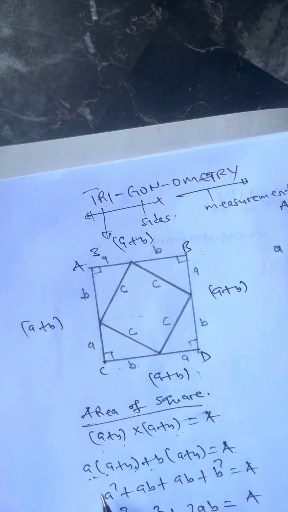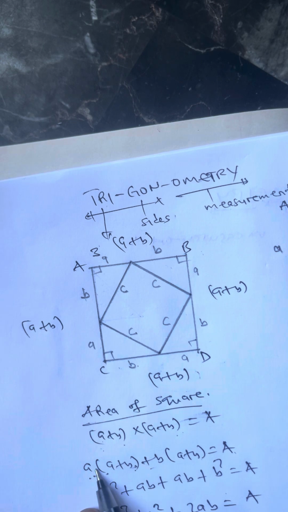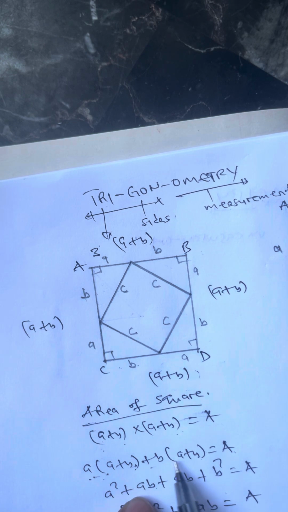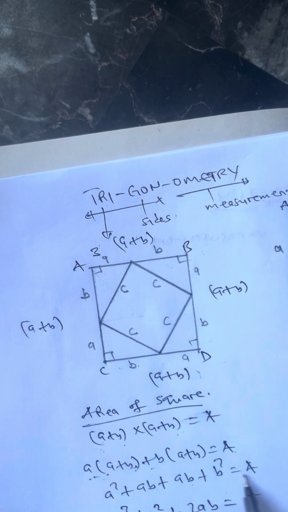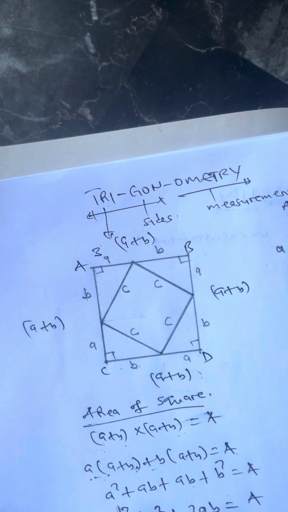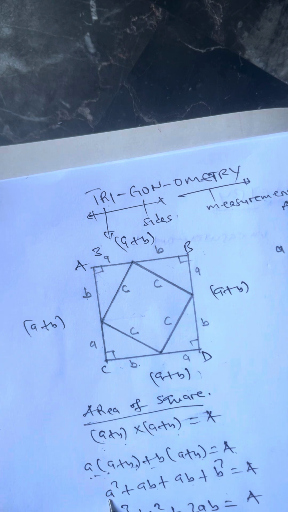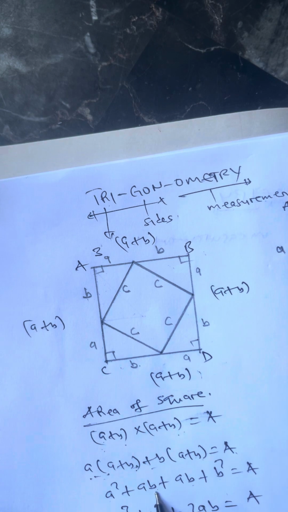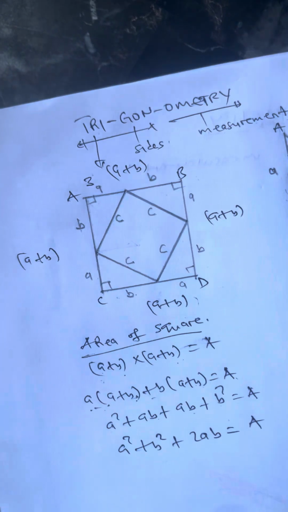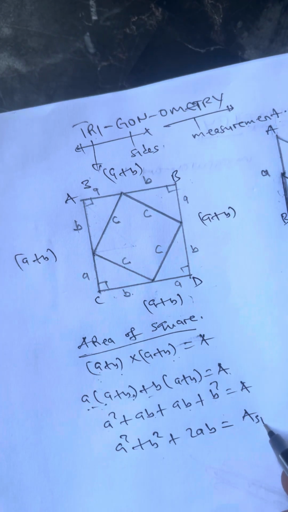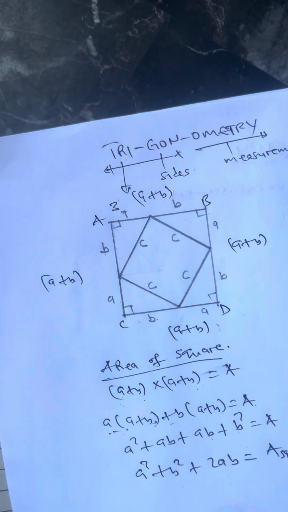What we get: A times A is A square, A times B is AB, B times A is AB, and B times B is B square, equal to the area of the square. When you rearrange it, you get A square plus B square plus 2AB equal to the area of the square.